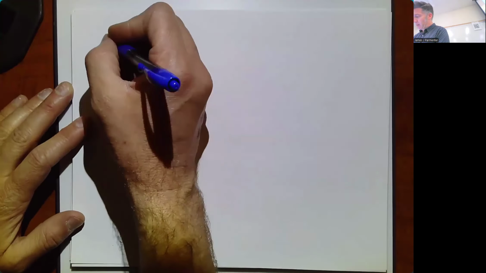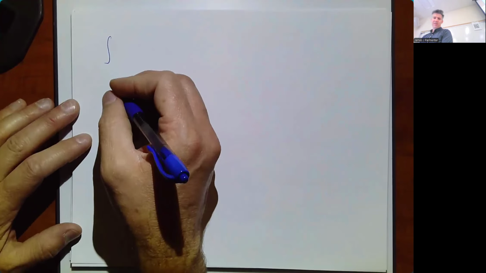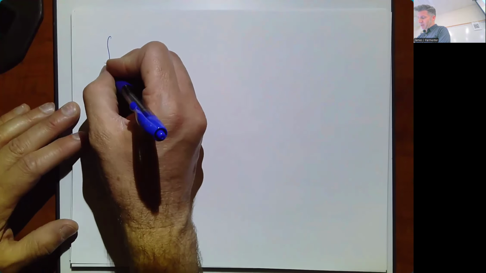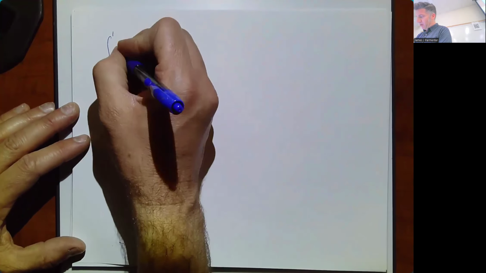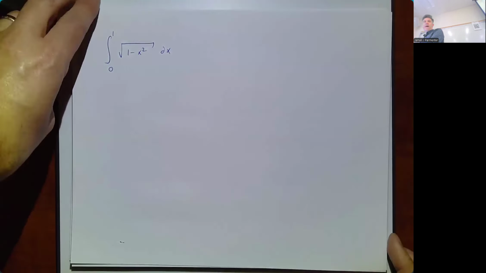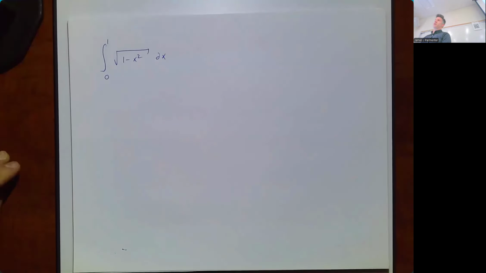Let's say that I want to find the integral. Oh yeah, let's do this one. Let's do the integral from, sure, we'll make it not too terrible to start off with, 0 to 1 of the square root of 1 minus x squared. Well, in fact, I'm not going to do a trig sub here. I don't have to, because we know what that shape is.